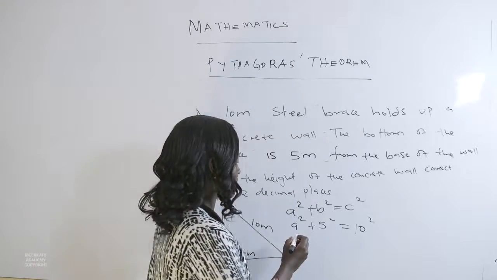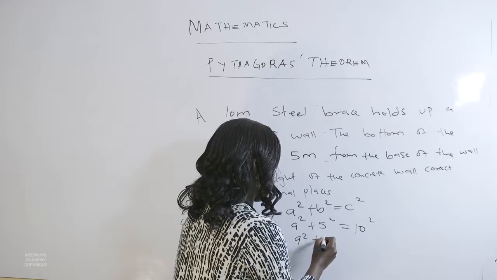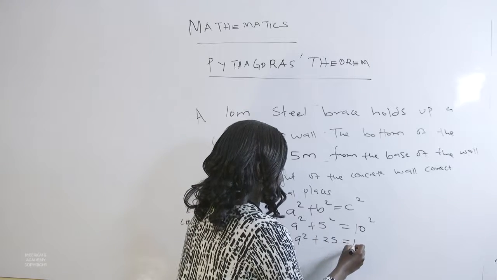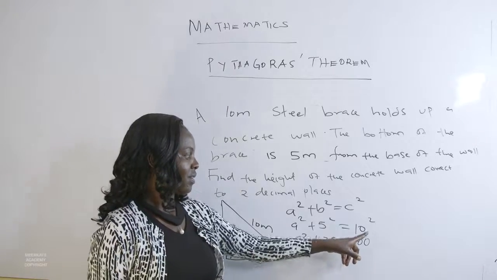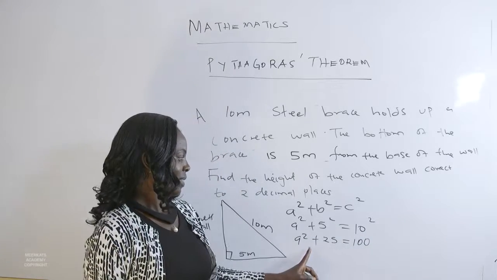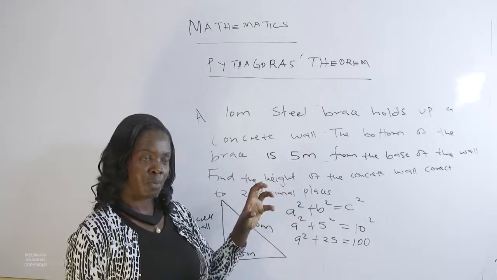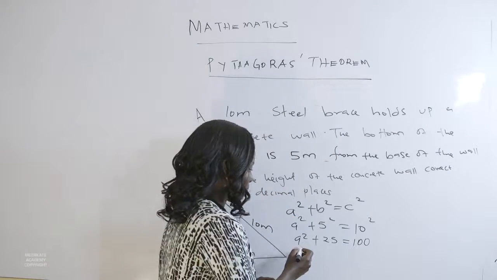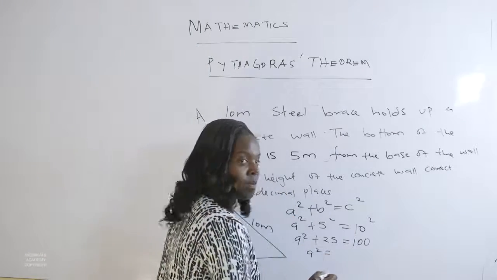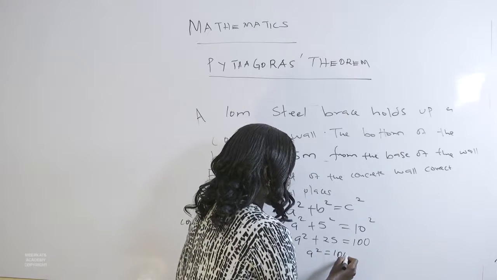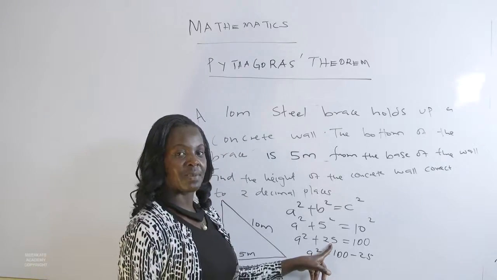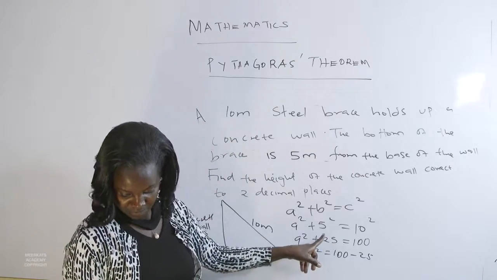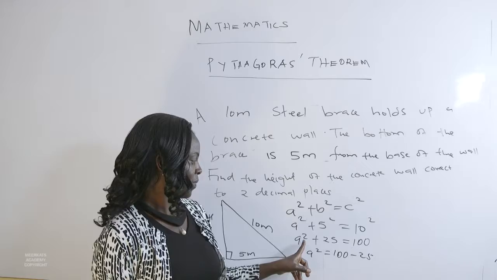So again, five squared is 25, 10 squared is 100. So then we collect the like terms. If we subtract 25 from this side, we remain with a squared.